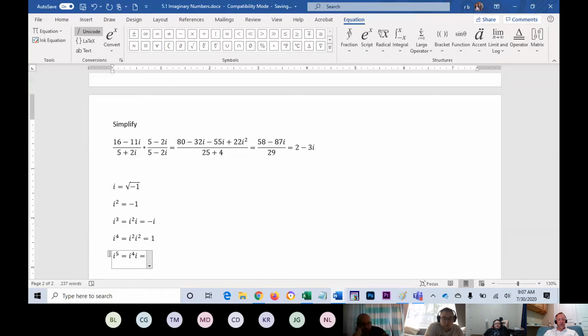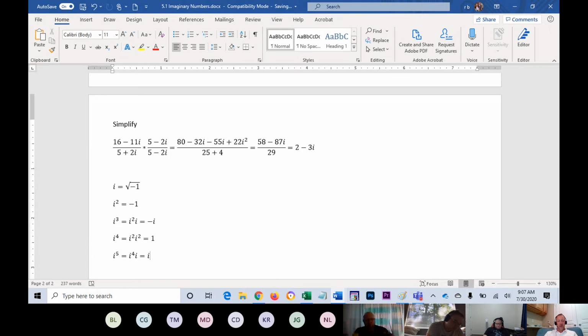And i to the 4th is 1, so that just equals i, so we start over. So you can see here that every 4th exponent, it repeats.